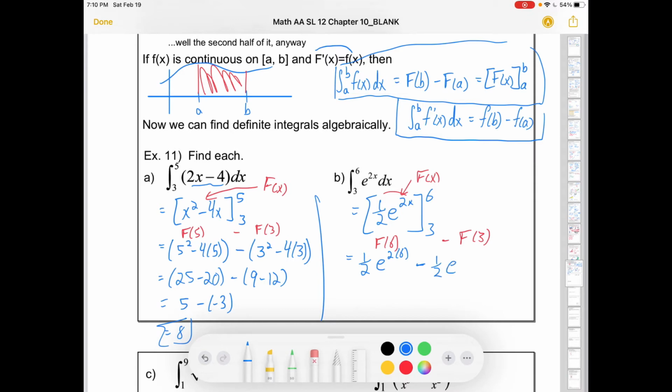And this will be e to the 2 times 3, or 1/2 e to the 12 minus 1/2 e to the 6. If for some reason you want to factor this, you could take out 1/2 e to the 6 and end up with e to the 6 minus 1, but I don't think that's really that useful. Or you can go ahead and find a decimal approximation in your GDC. So anti-differentiate and sub in.